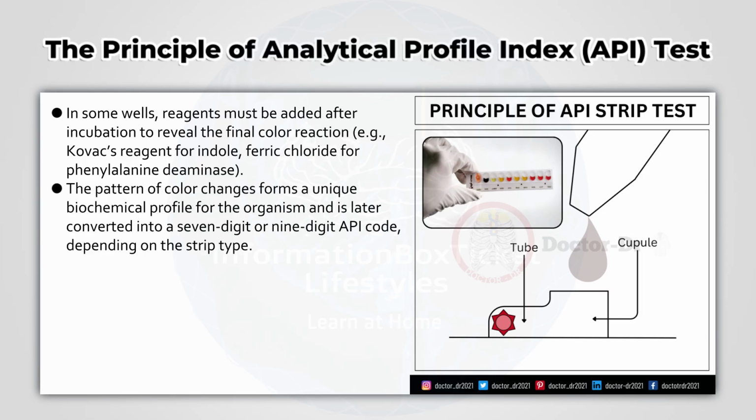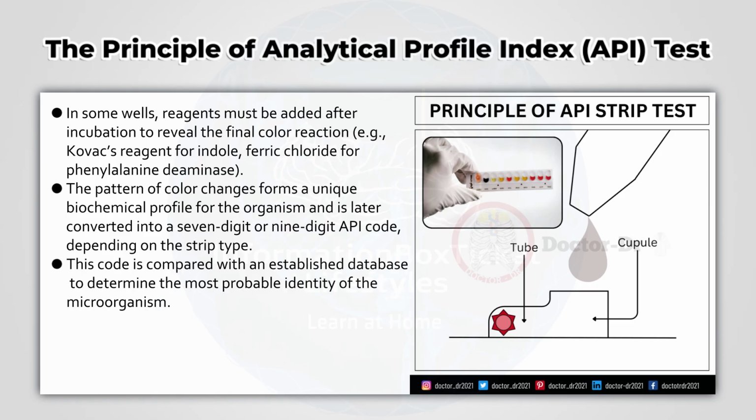The pattern of color changes forms a unique biochemical profile for the organism and is later converted into a 7-digit or 9-digit API code, depending on the strip type. This code is compared with an established database to determine the most probable identity of the microorganism.